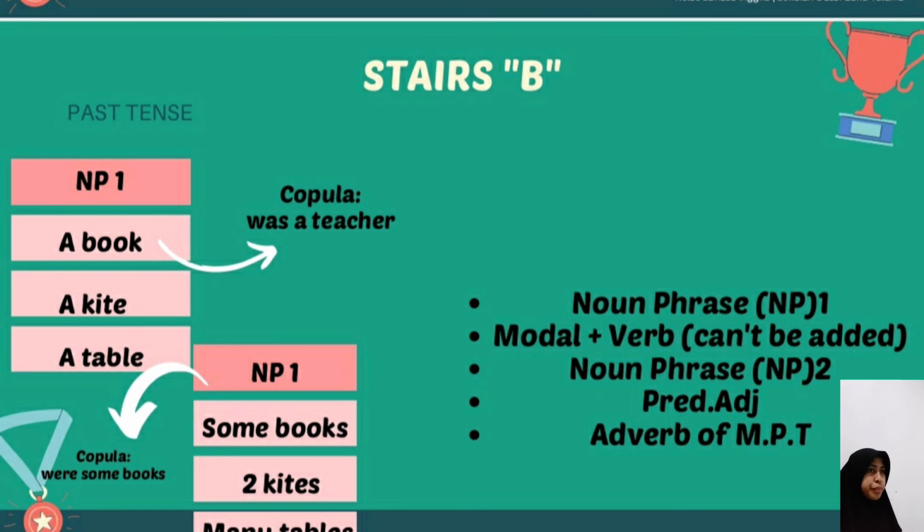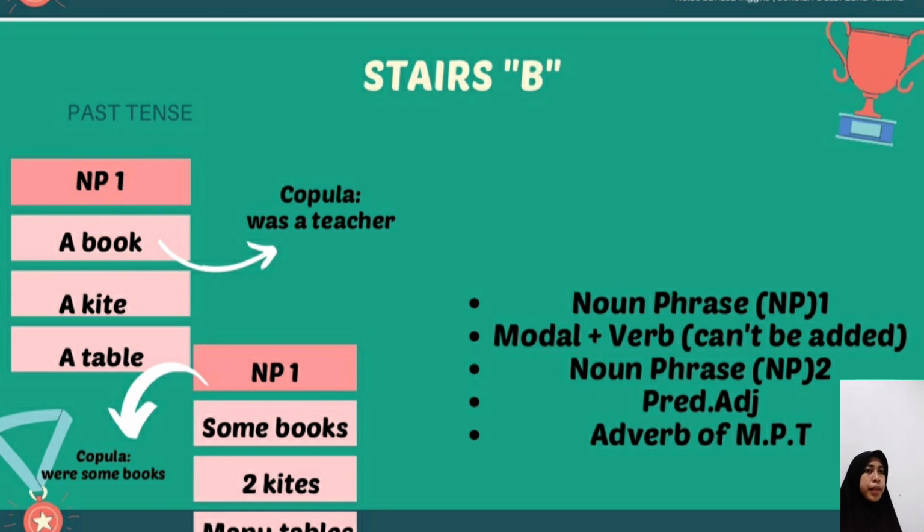And the formula: 1. Positive sentence, subject plus verb 2 plus object plus complement. Negative sentence, subject plus was or were plus not plus complement. Interrogative sentence, was or were plus subject plus complement.